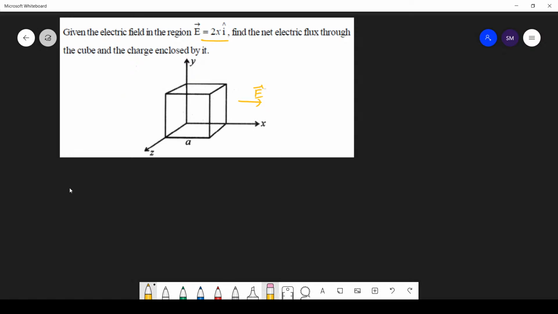You have the formula related to flux: flux through the closed surface is the integral of E dot ds. So try to do this question.